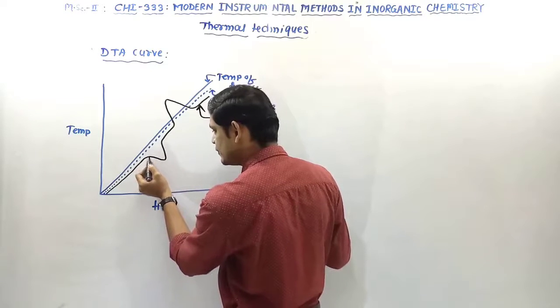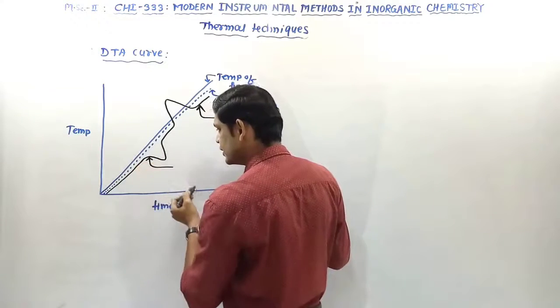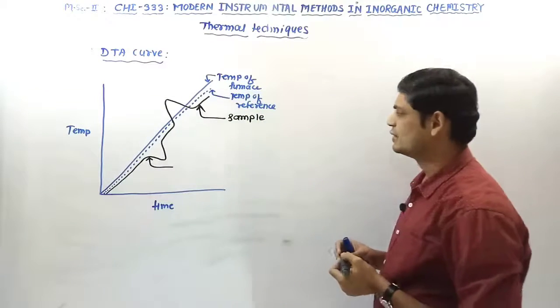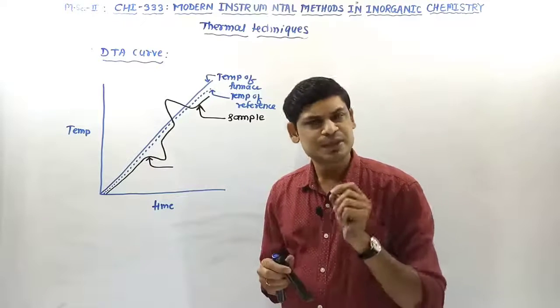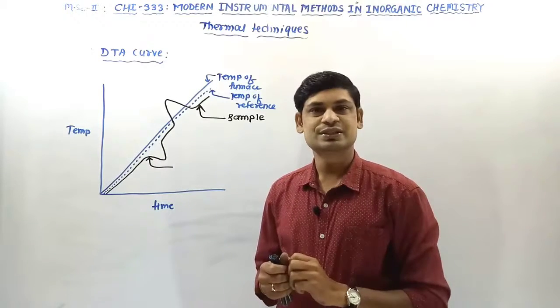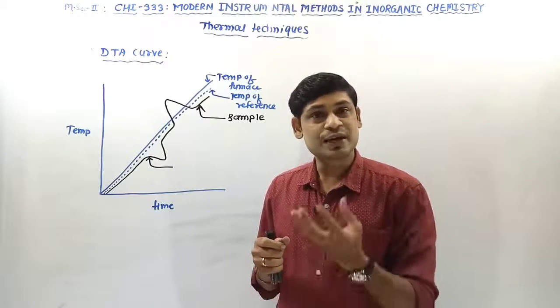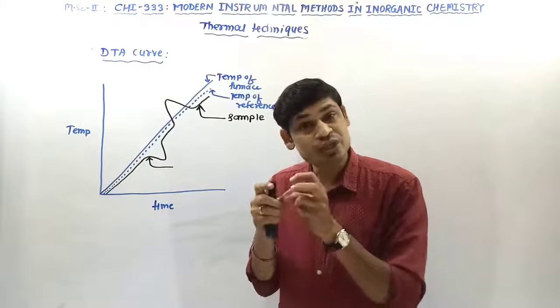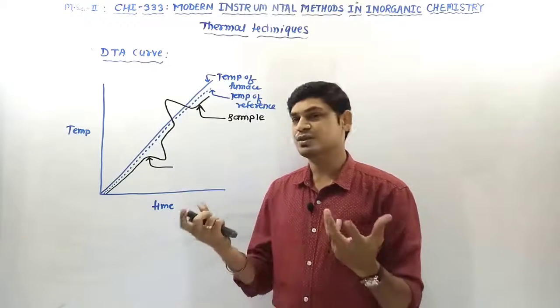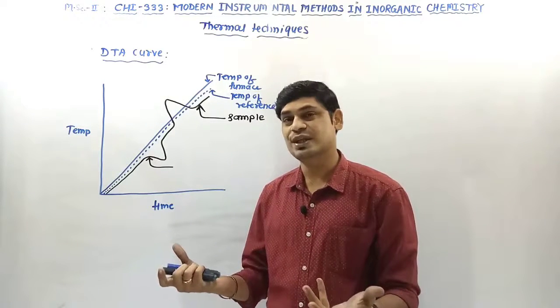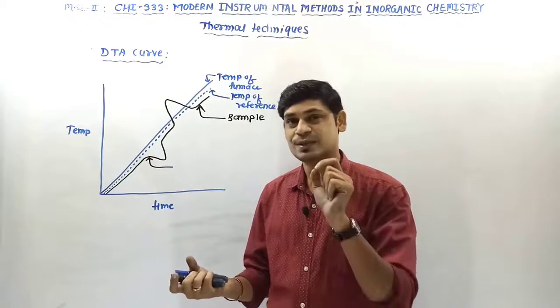So this is the point where the temperature of the sample does not increase linearly, because at that point whatever heat is provided to the sample is utilized to do a certain process. Obviously, the very first process for a solid upon heating is melting.